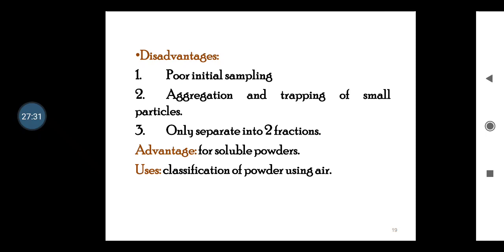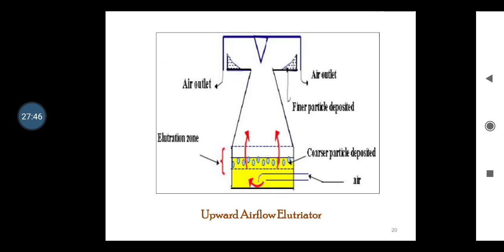As far as the advantage is concerned, it is applicable for soluble powders. As far as application is concerned, you may classify the powders on the basis of air velocity. If you look at the diagram, it depicts a very clear idea regarding the airflow elutriation mechanism.